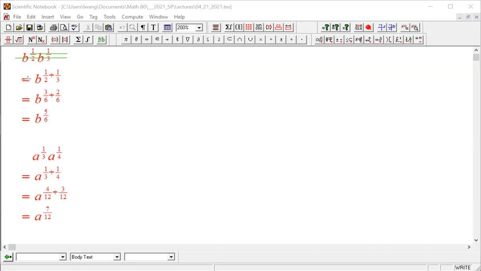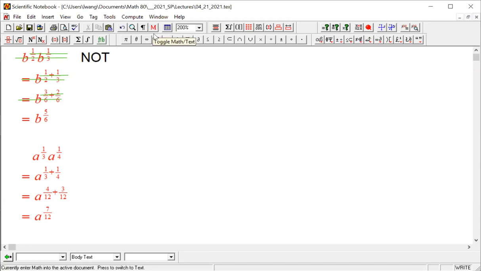The level of the equal sign is at the same level as b, and this exponent is on the next level. It's on the shoulder. So be very careful. Don't write it this way.